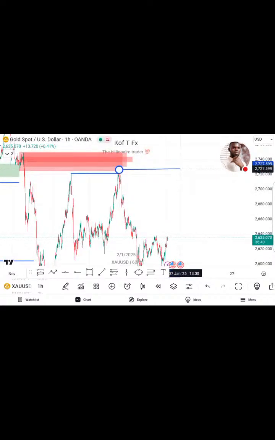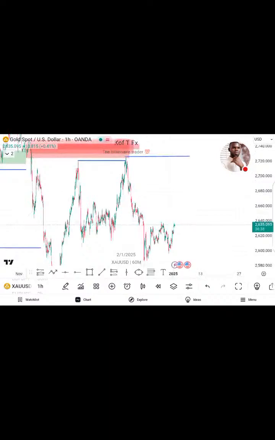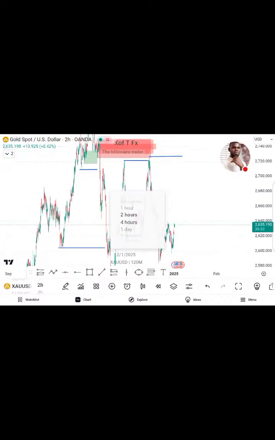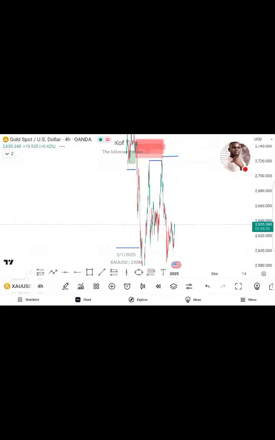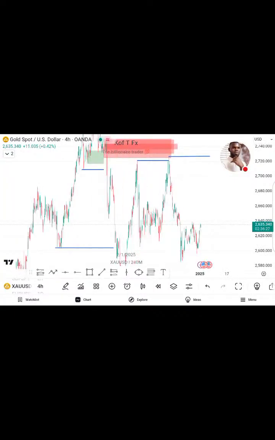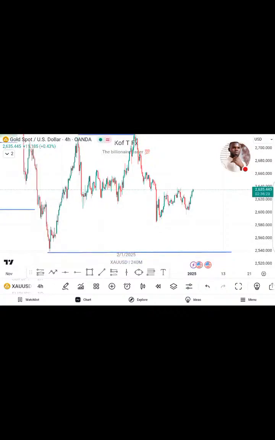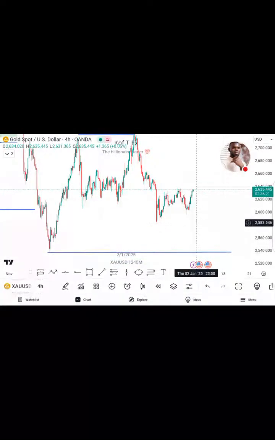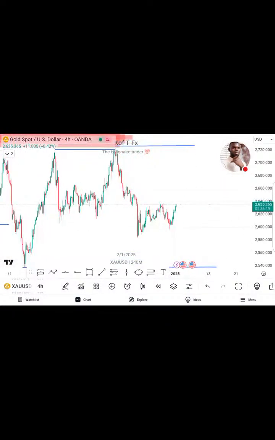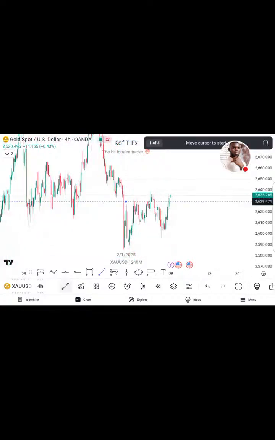So my bias is bearish, but I don't have a complete mitigation on the daily time frame. As you can see, we have these two highs here, and we have another high here too.